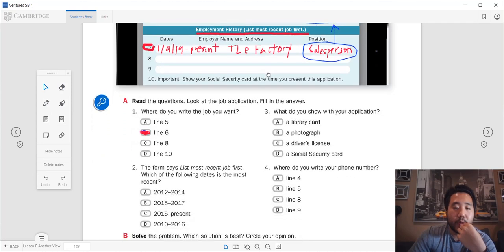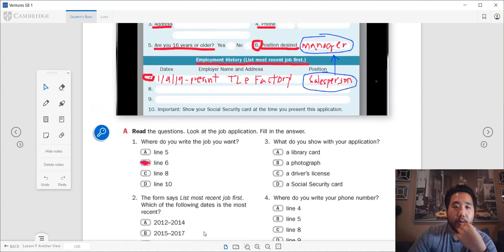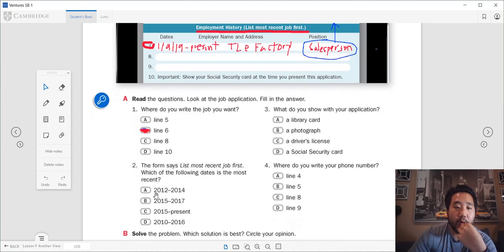Number 2, the form says list most recent job first. Which of the following dates is the most recent? So here we have 2012 to 2014, 2015 to 2017, 2015 to present, 2010 to 2016.